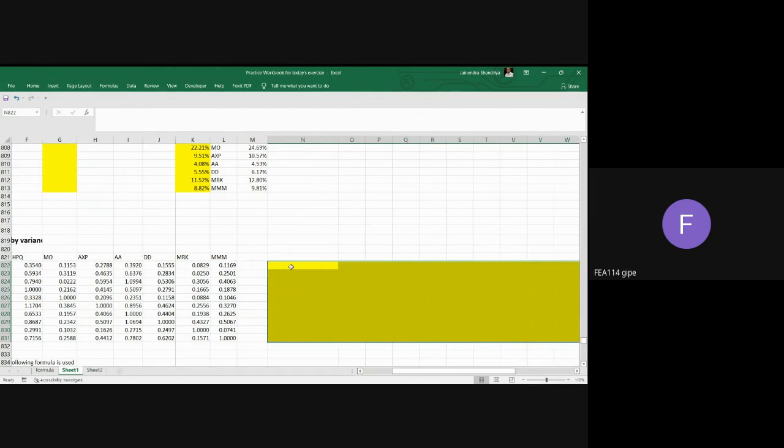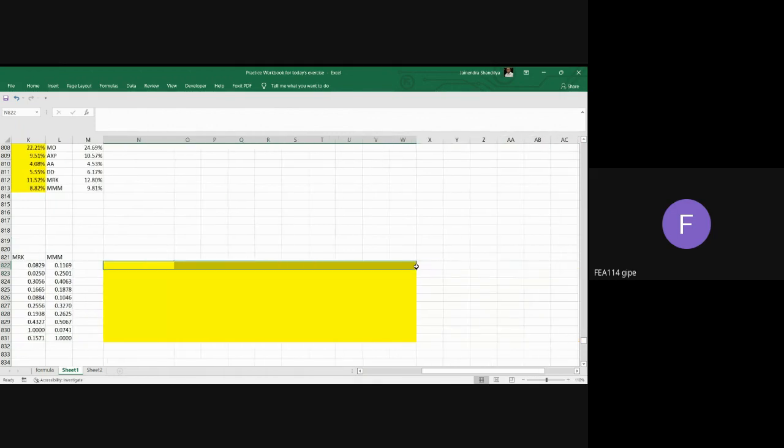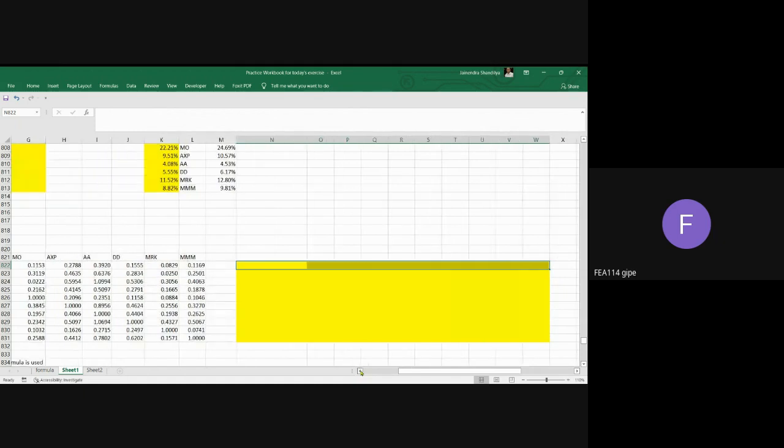Okay, no, I want 10 into 10. So I select 2, 3, 4, 5, 6, 9, 10. So I got 10 into 10. Here I write equals BL tracking.